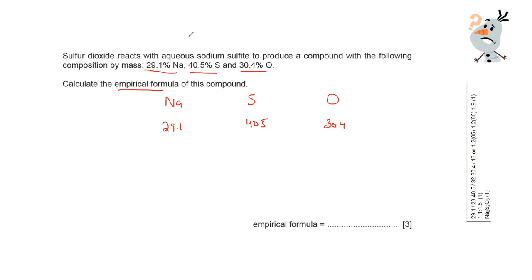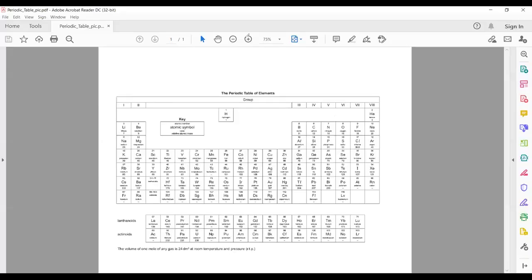What is step 1? Step 1 is divide by atomic mass. So we'll divide each of them by their relative atomic masses. For atomic mass, we have to check the periodic table. So this is a periodic table.